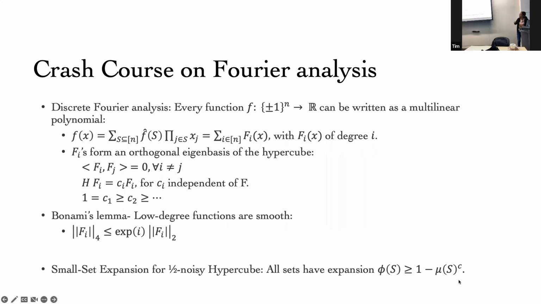Basically, for half noisy, you can recover that. So basically, proving this kind of inequality for the low levels of the decomposition gives you expansion on a graph.